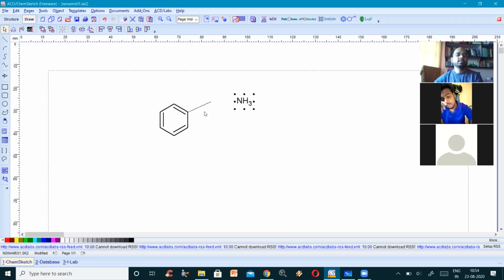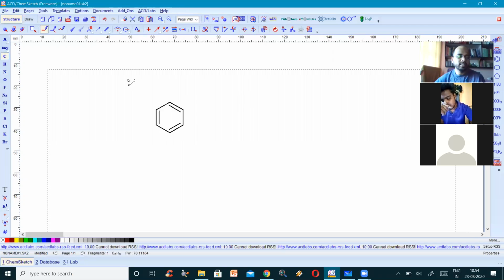As of now, the bond has not been added, and we should just try again. You can click C there, and then you can click on the nitrogen atom and put N there. So you get NH2 there.